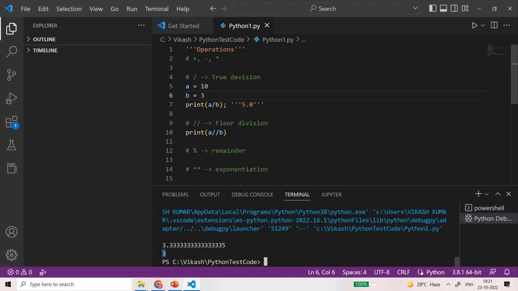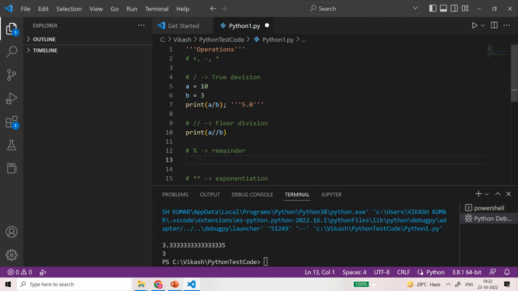It is the quotient. So this is the difference between floor division and true division. This is the true division operator, and this is the floor division operator. You need to remember how these two operators work.